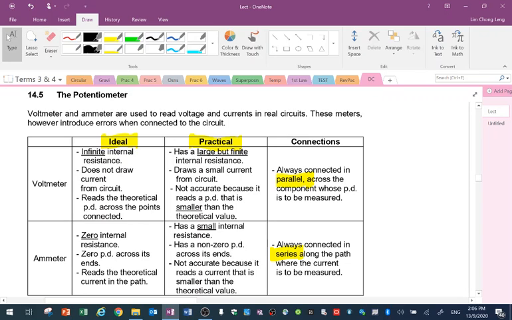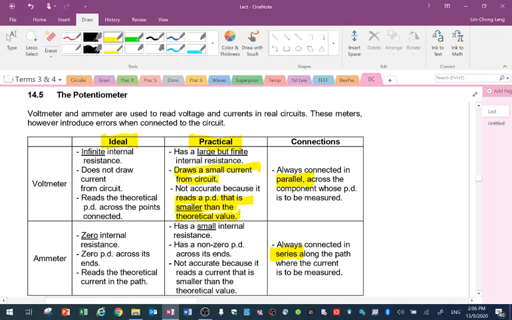Now, in practical, we use a real voltmeter, and therefore a real voltmeter is never ideal. So we call it a practical voltmeter, and we know that a practical voltmeter draws a small current from the circuit, and because it draws a small current from the circuit, it reads a PD that is smaller than the theoretical value.